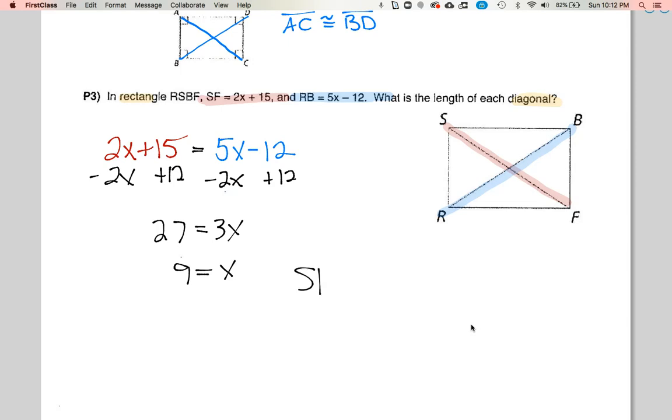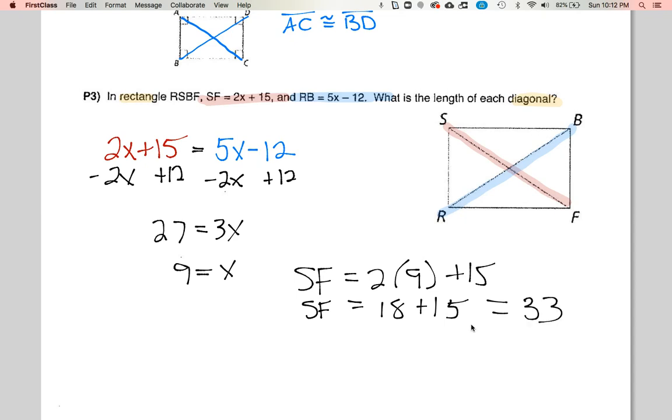So that means SF equals 2 times 9 plus 15, which is 18 plus 15, which is 33.